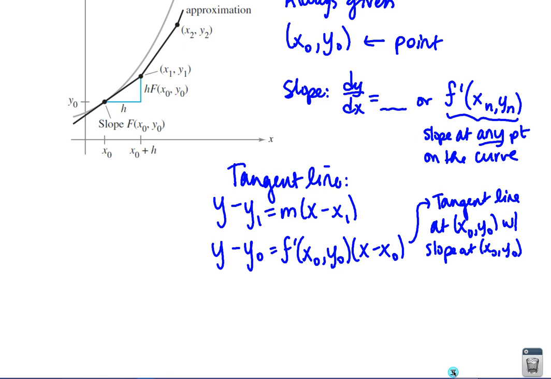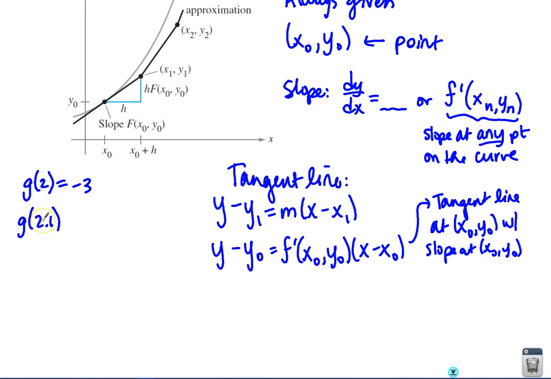I should also say that you are also given the distance between x0 and x1. We'll always tell you that. Earlier we had g of 2 was -3, and I was asking for g of 2.1. I will always tell you the distance between the points that I'm asking for.